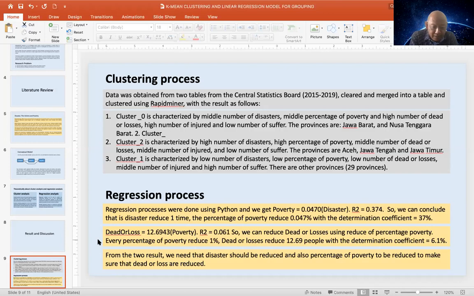Every time the percentage of poverty is reduced by 1%, death or loss is reduced by 12.69 people, with a coefficient of determination of 6.1%. From the two results, we need disasters to be reduced and also the percentage of poverty to be reduced to make sure that death or loss are reduced.